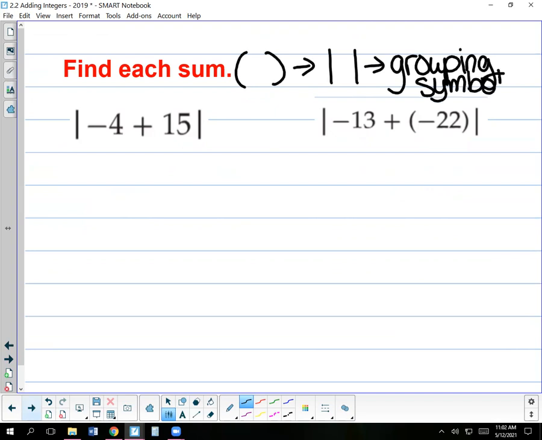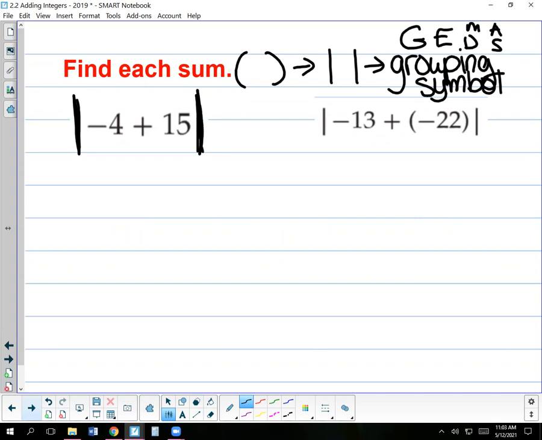So again, it goes in the G group of the G, E, M, D, A, S, the order of operations. So it is grouped. That means do what's inside of there first, and then find the absolute value. See how this is grouped? Grouping all of this inside here, okay?